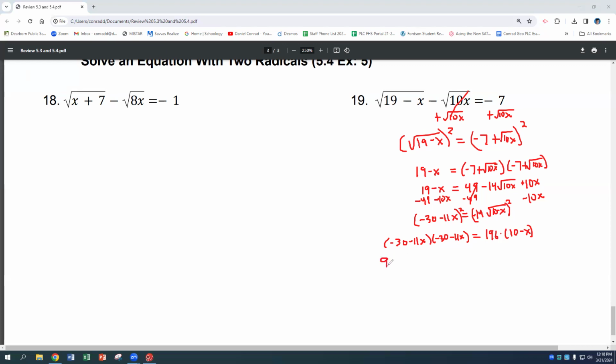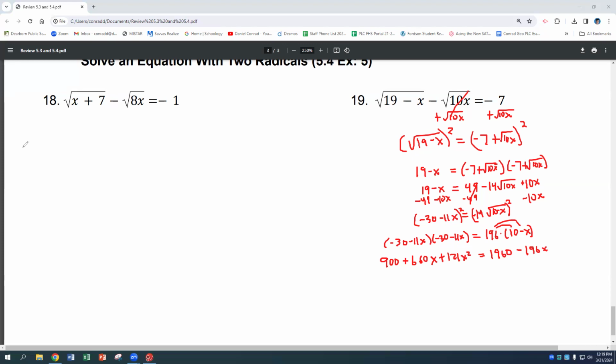On this side, that's going to give me 900. 30 times 11, that's going to be 330. So positive 330, positive 330x, that's going to be positive 660x. And then that's going to be plus 121x squared. Okay, distribute my 196. That's 1,960 minus 196x.